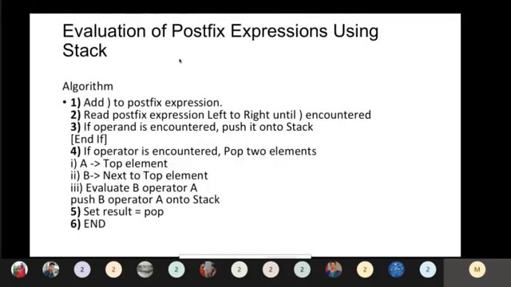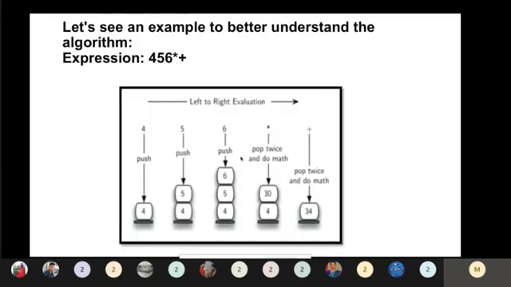Whenever you have an operator, as per the algorithm step number 4, if an operator is encountered, we have to pop the topmost 2 elements and then perform the calculation. Here we have a multiplication.